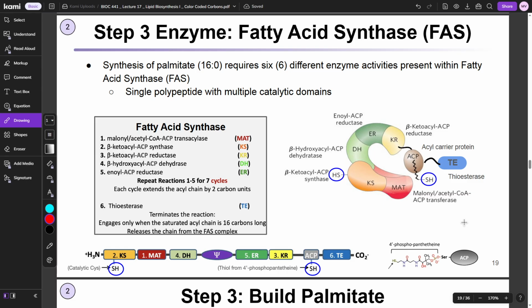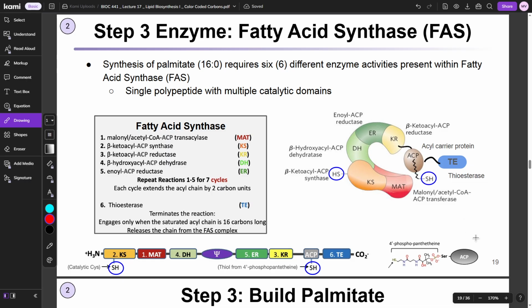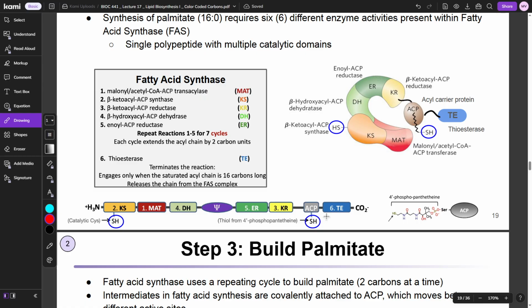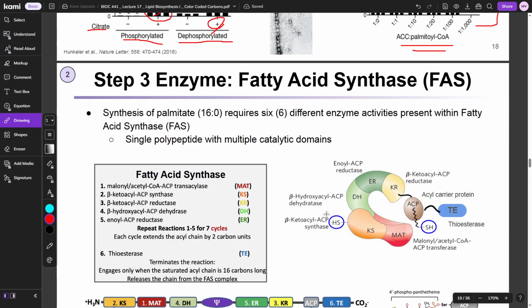And yeah, now we get to talk about fatty acid synthase. Fatty acid synthase is really interesting. It's a really long process. Essentially it requires 6 different enzyme activities present within fatty acid synthase.